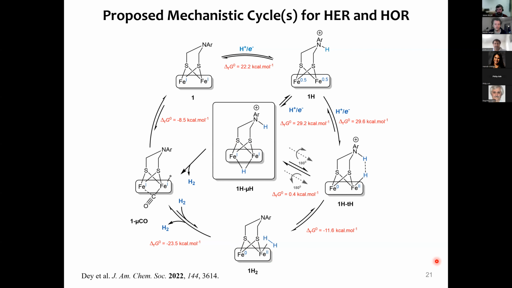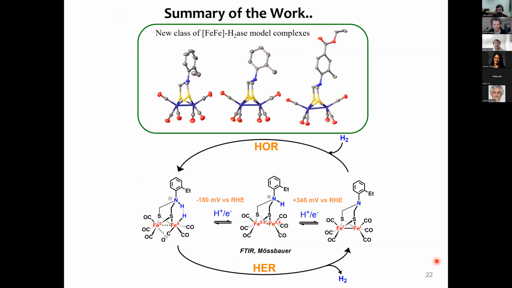So in conclusion, we can say that we have designed and synthesized a new class of iron-iron hydrogenase model complexes, which can reduce proton to hydrogen at low overpotential, even in presence of oxygen, that is oxygen tolerant HER.